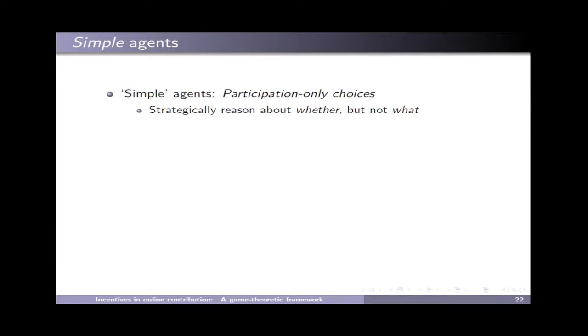So simple agents are agents who make participation-only choices in systems. They strategically reason about whether it's worth their while to participate. Is it worth your while to become a member of this site and contribute? Is it worth your while to participate in this contest? Is it worth your while to try to send a paper into this conference, or is it not? But conditional on deciding to participate, you don't strategize about what input you're going to provide to the system.